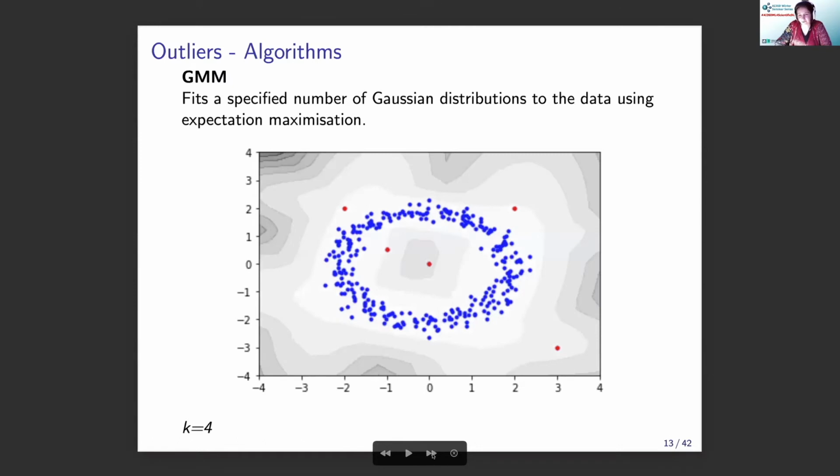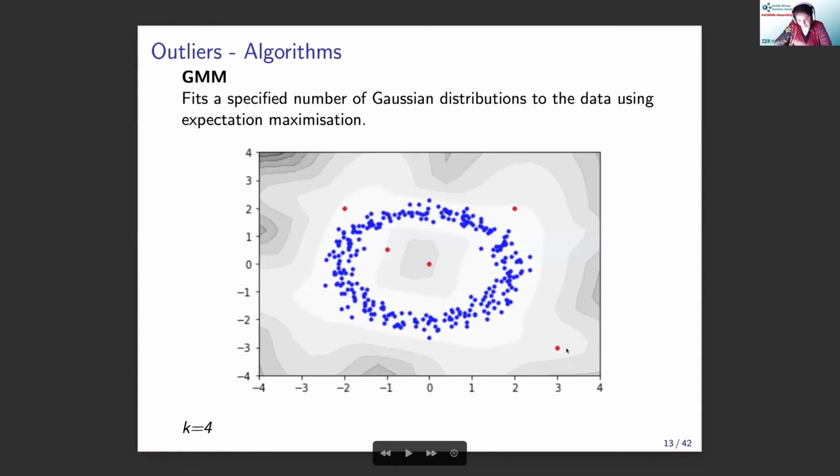Gaussian mixture models have also had some use in condition monitoring data. And it fits a specified number of Gaussian distributions to the data using expectation maximization. Now, this again has nicely detected that the 2 in the middle are the most outlying.